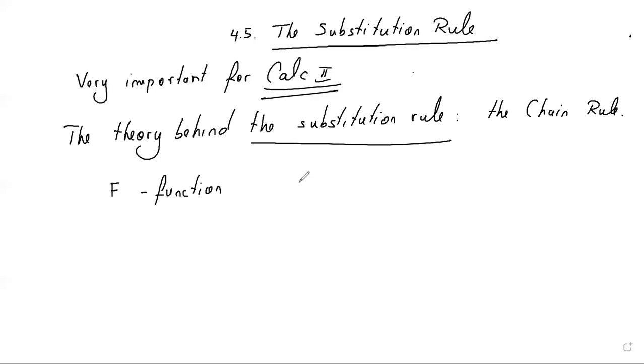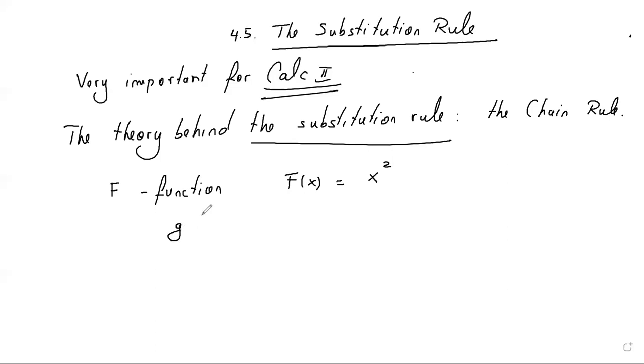And I'm going to do the following thing. F could be something like x squared plus 1, or let's make it even simpler: x squared is a good function. Then I am going to take another function, lowercase g.